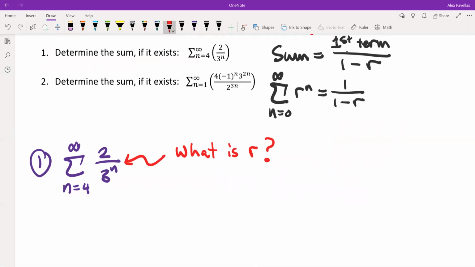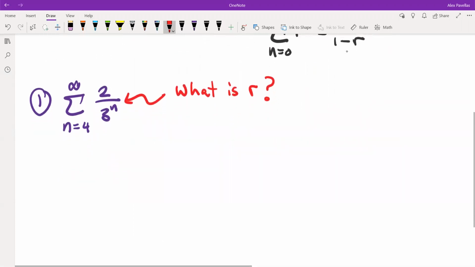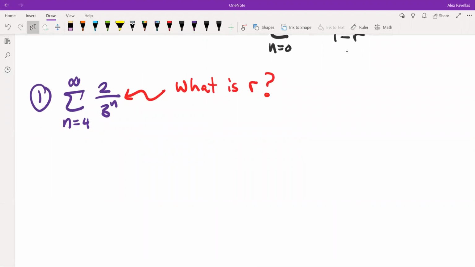So it's some base raised to the n, and maybe there's a constant multiple times the r to the n. And so we can rearrange the inside of the sum a little bit by factoring out the 2, and we can say this is the same thing as 2 times 1/3 raised to the n.